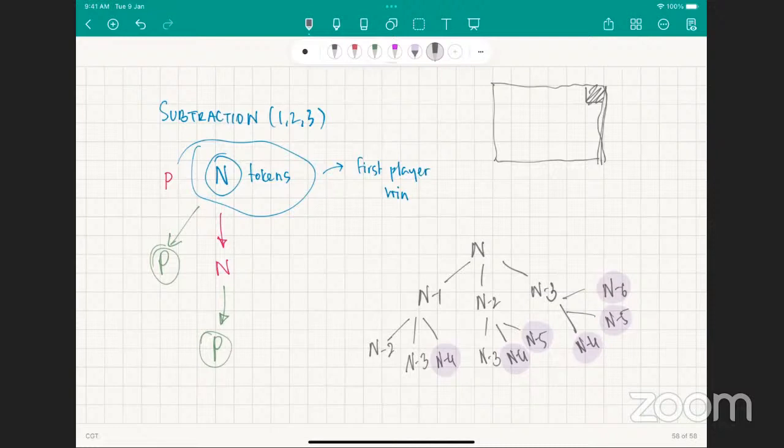Okay. So you really have to be careful about looking into your rule set and really being careful about ensuring that you can indeed pull out a P position from one of your grandchildren, which is also present as a child. But if you can do that, then that's a template of an argument to say that it must have been an N, because if the other player could win, basically in English, what this proof is saying is that if the other player has a winning strategy, then I can basically observe their strategy and mimic it right from the start.